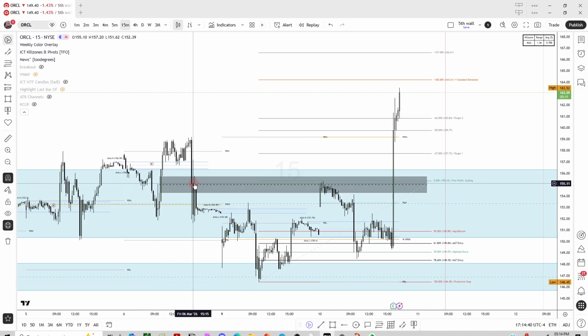Kind of spotted this pull down, this drop down here, then its purge below here. This is your market structure shift. You pull back here, got a tiny fair value gap right here on the 10:30 candle.